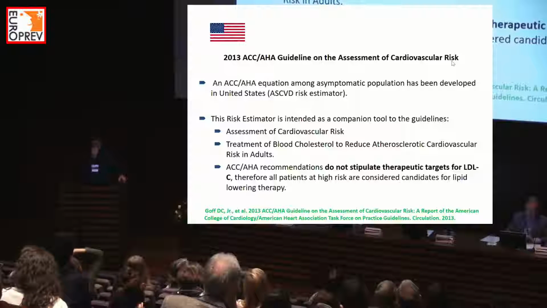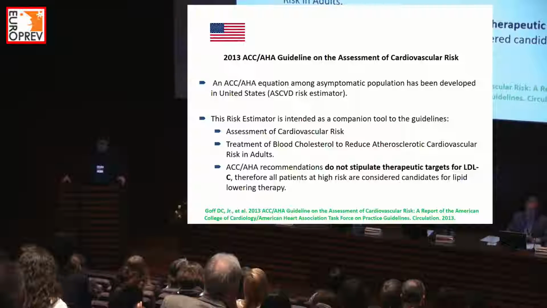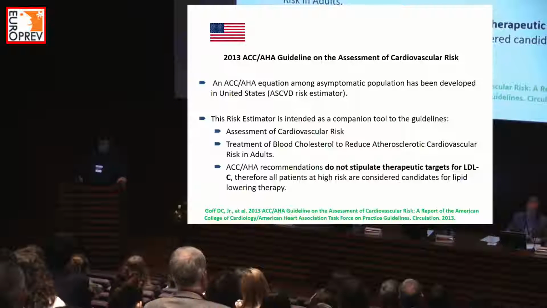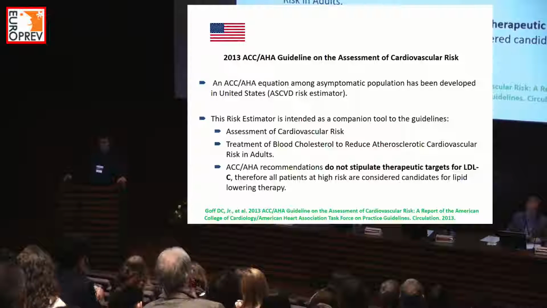And this is the American Heart Association guideline on the assessment of cardiovascular risk that was published in the year 2013. And this is the equation among the asymptomatic population. The risk estimator is the tool recommended in the guidelines to assess the risk and to treat blood cholesterol.